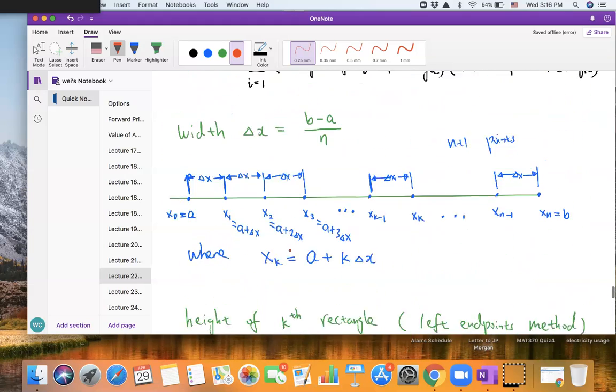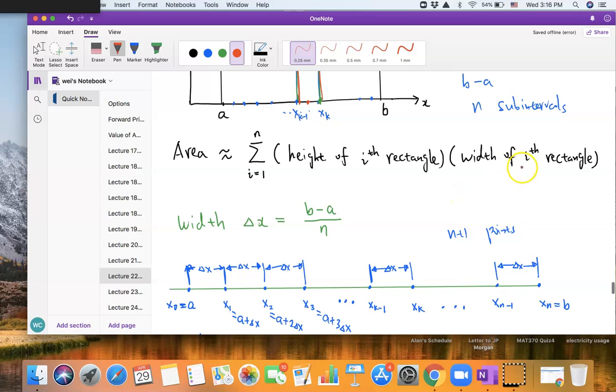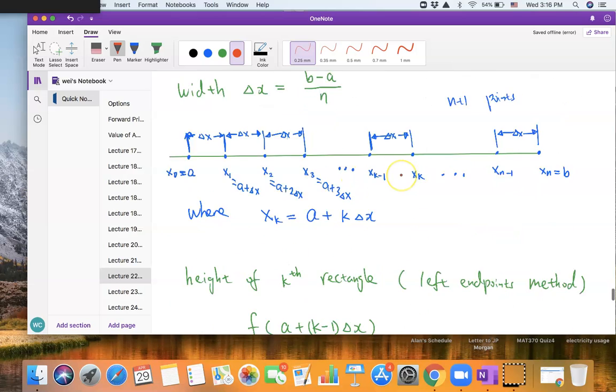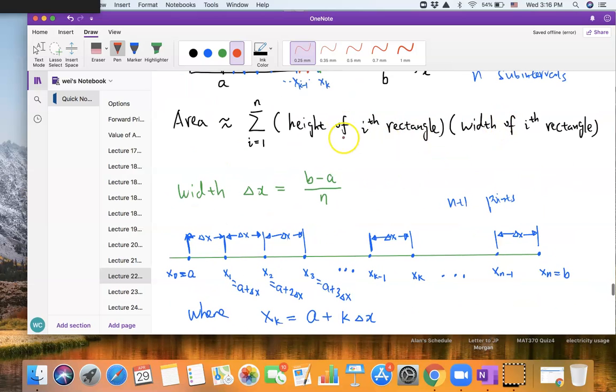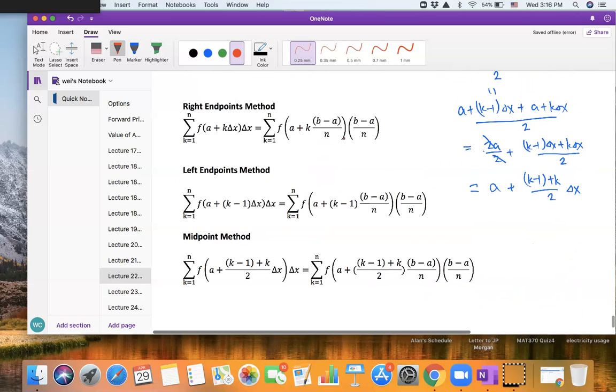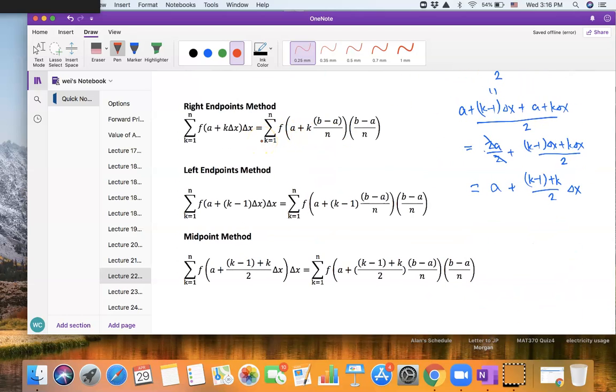Now since we know the width of each rectangle and the formula for the height of each rectangle, we multiply them together, and then we add them up. This will give us the approximation using each method.